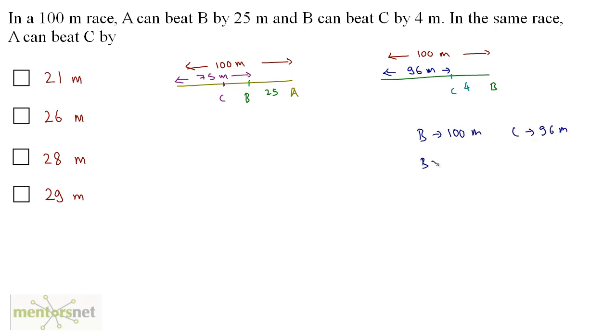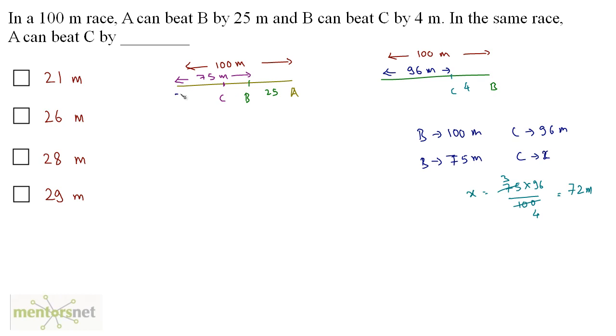So when B has traveled 75 meters, how much has C traveled? Let that be x. x is equal to 75 times 96 divided by 100. 25 times 3 is 75, 25 times 4 is 100, and that will be equal to 72 meters.